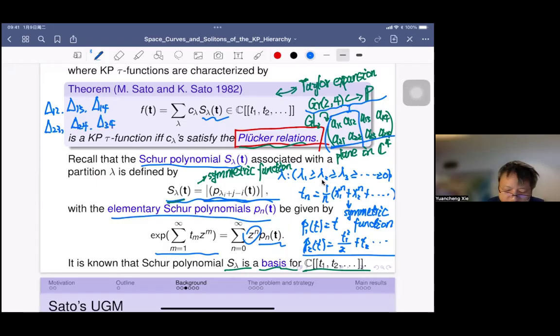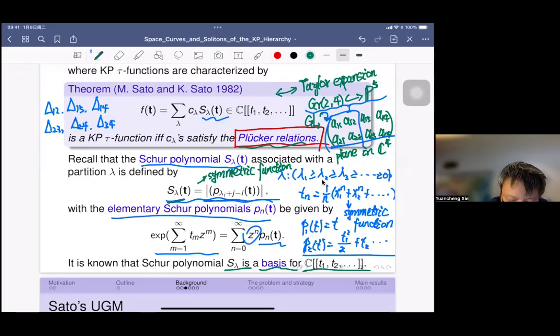So from this 2x4 matrix, we can cook up six minors. And if GL2 acts on the left on these minors, that's just a scaling. So these six numbers actually live in projective space, which means we map this into projective 5-space.